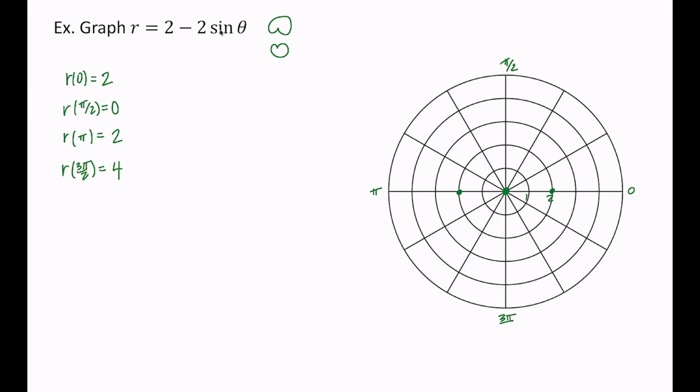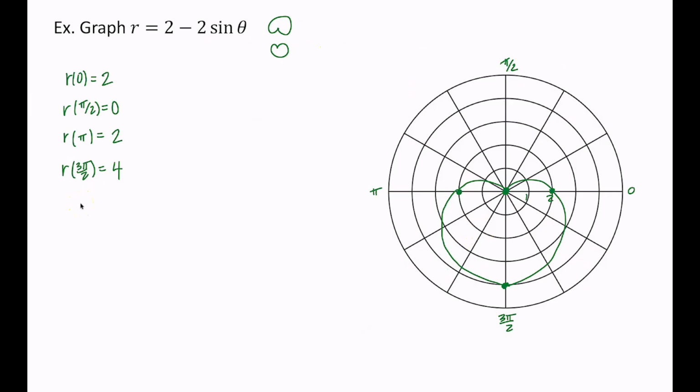So I have 3 pi over 2. I'm going to go 4 units towards, a positive directed distance means go towards, 1, 2, 3, 4 units towards 3 pi over 2. So it's going to be this nice looking heart, right? It's going to be sort of this shape here, and there's symmetry. And so I'm going to try my best here to make it look like that symmetric cardioid.